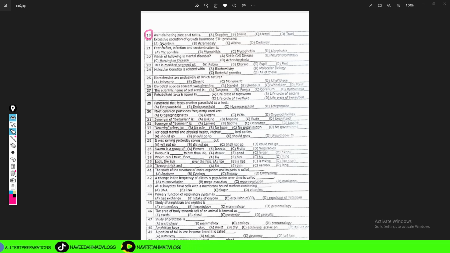Question number 19: animals having a post-anal tail is option A, scorpion, option B, snake, option C, lizard, and option D, toad. So for the animal having a post-anal tail, option B is the correct option. Snake has a post-anal tail. The snake has an elongated body.